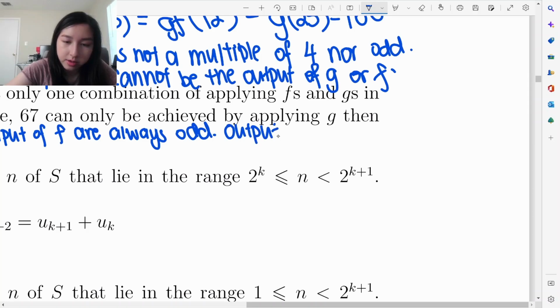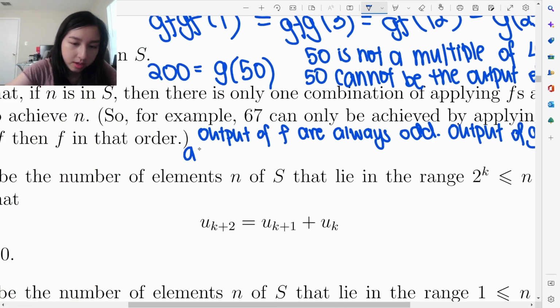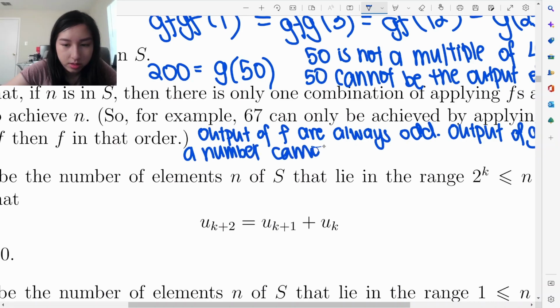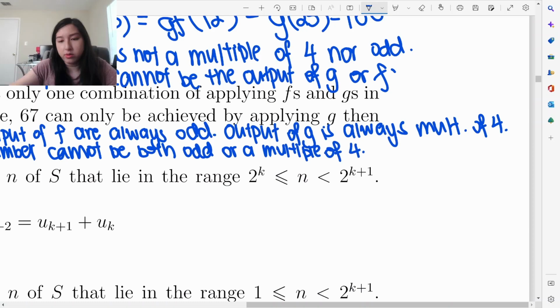A number cannot be both odd and a multiple of 4, hence there's only one function to apply at a time.